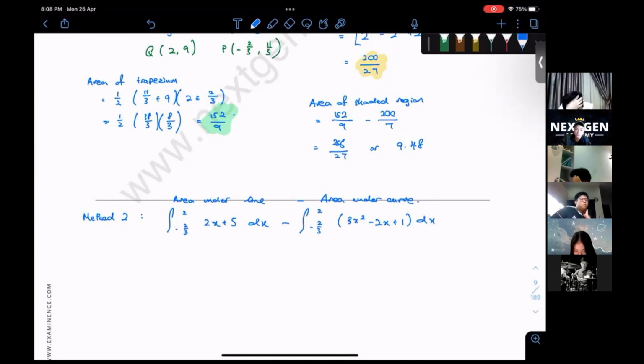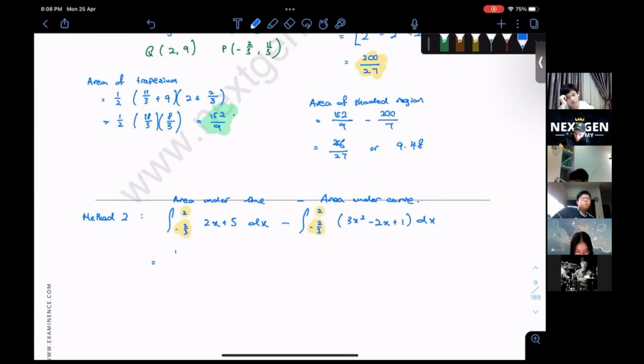Okay, because you look over here, my x1 for both is the same and x2 is the same. Therefore, I can join the entire equation together.